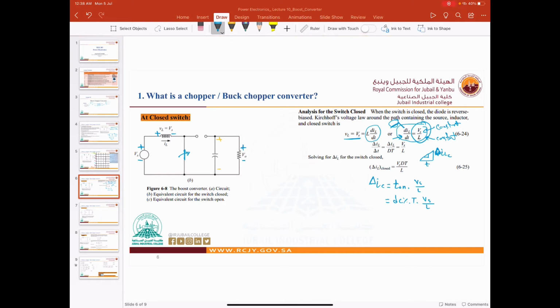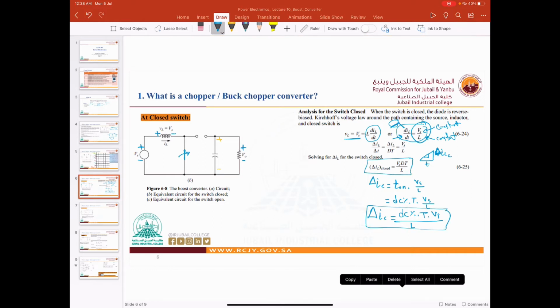So if we need to find delta, we can just use Vs over L. So we can say that delta IL close is the duty cycle, multiplied by T, multiplied by Vs over L. So this is the same thing here. This is when the switch is closed.